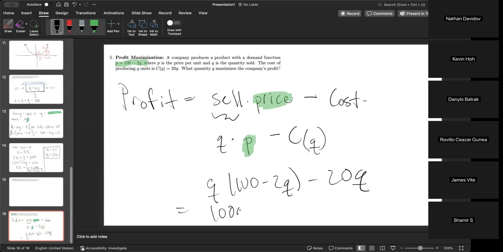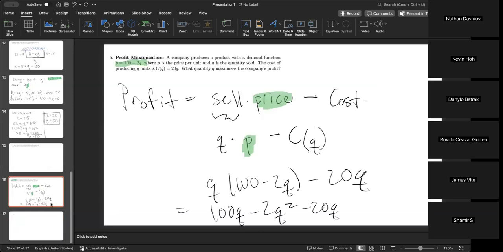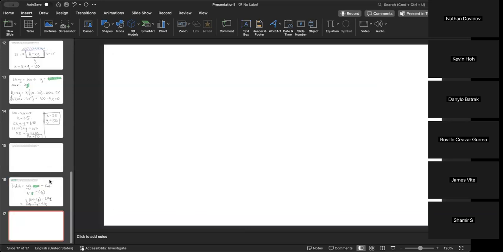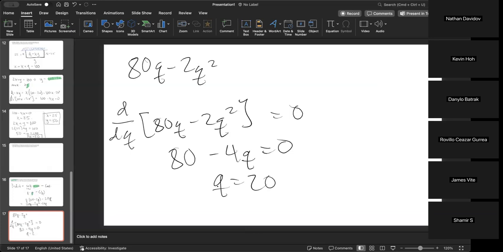Simplifying this, we get 100Q minus 2Q squared minus 20Q. So this is 80Q minus 2Q squared. And when we take the derivative and set it equal to 0, we see that Q is equal to 20.